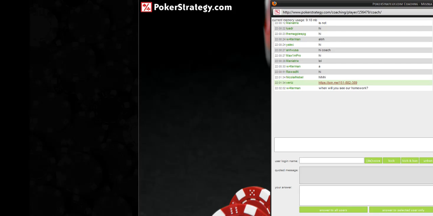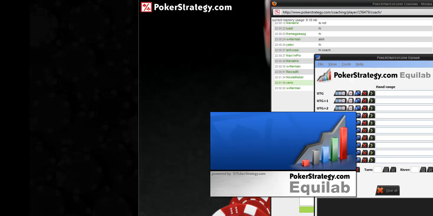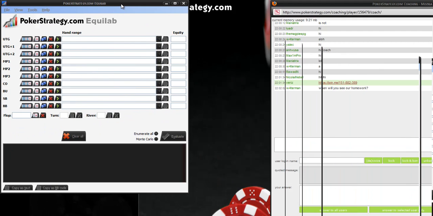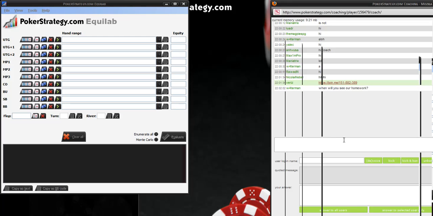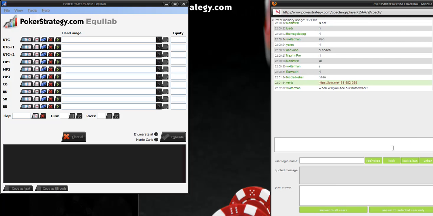And I guess I can go through pretty quickly the software which we are going to use today. The software which I guess most of you already have is called Equilab, and with that we're just gonna go through basic calculations.